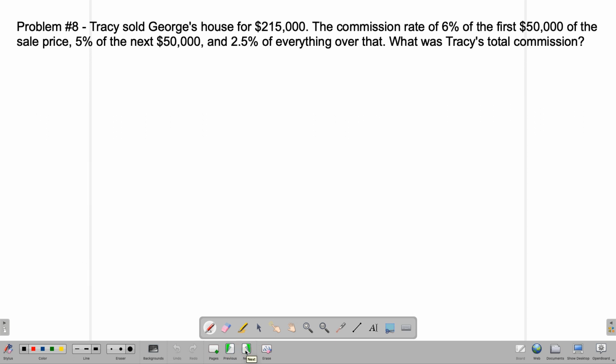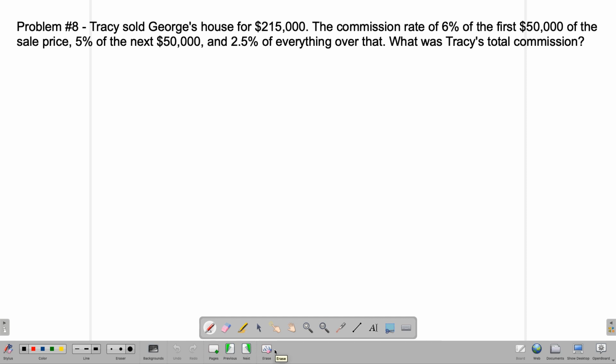All right, problem number 8. Tracy sold George's house for $215,000. The commission rate is 6% of the first $50,000 of the sales price, 5% of the next $50,000, and 2.5% of everything over that. What was Tracy's total commission? So what we have is another part equals rate times base.